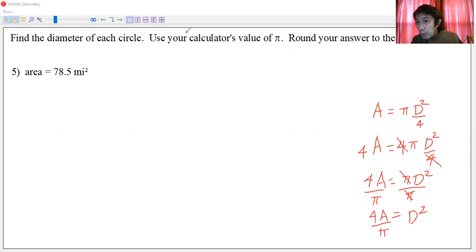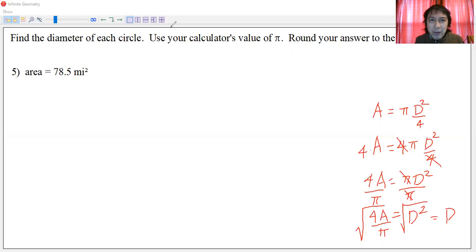Now, that is d squared. We're after d, so we will extract the square root of both sides. So extracting the square root of the left side and the right side, the left is now equal to d. And so our formula is d, diameter d is equal to the square root of 4a over pi.